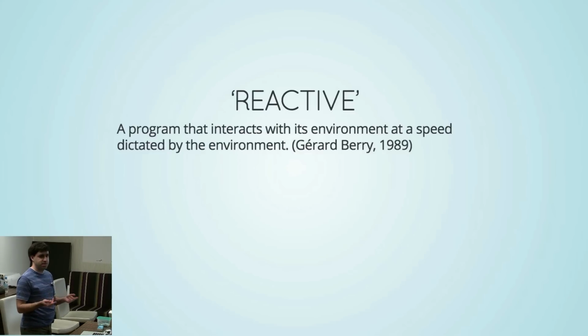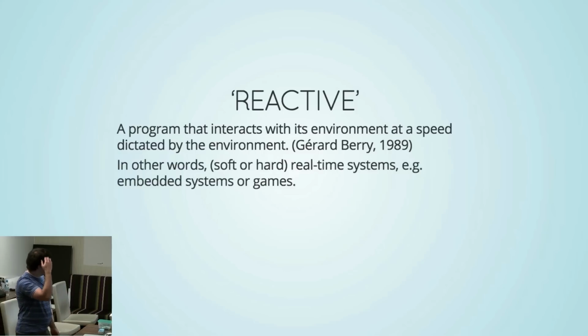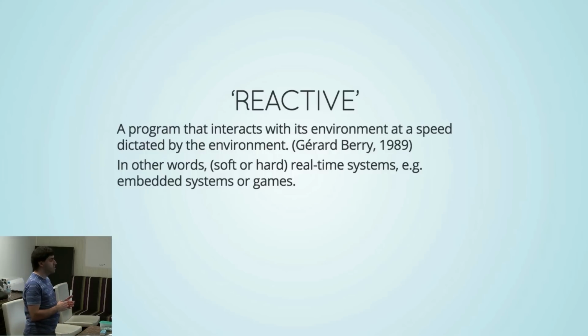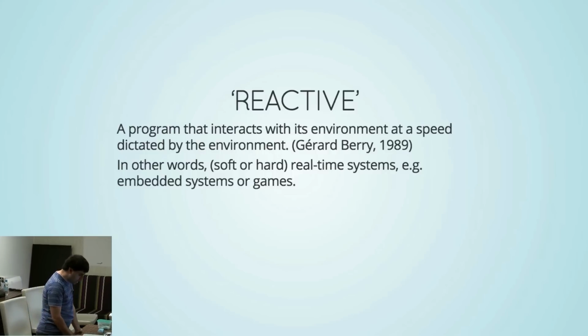This is in contrast with interactive programs, which themselves control the speed of the interaction. So I guess nowadays we would be calling these real-time systems, either hard or soft real-time systems, like for instance embedded systems or video games, which are two very prominent application areas.